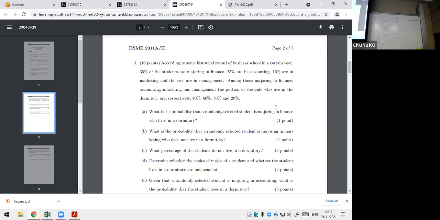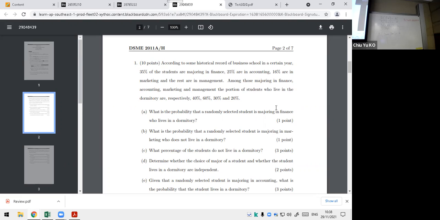Either way works, it doesn't really matter which way you want. Let me do the easier way because I want to do less subtraction. How to find the dorm probability? This one relies on what we call the total probability rule.